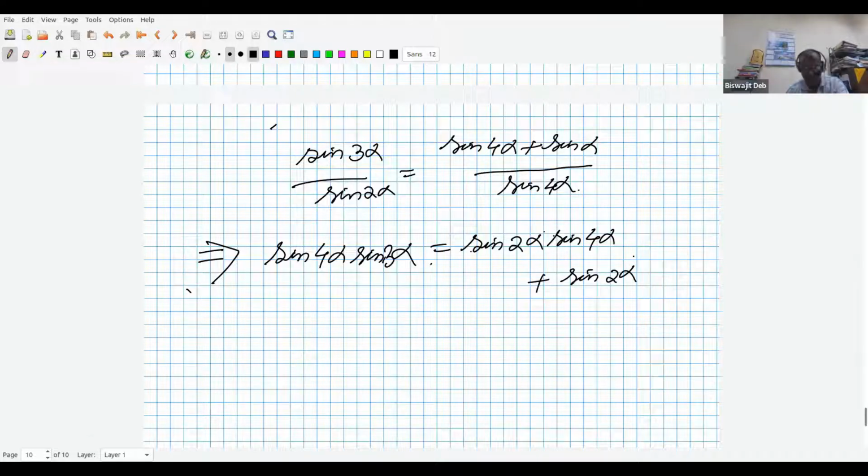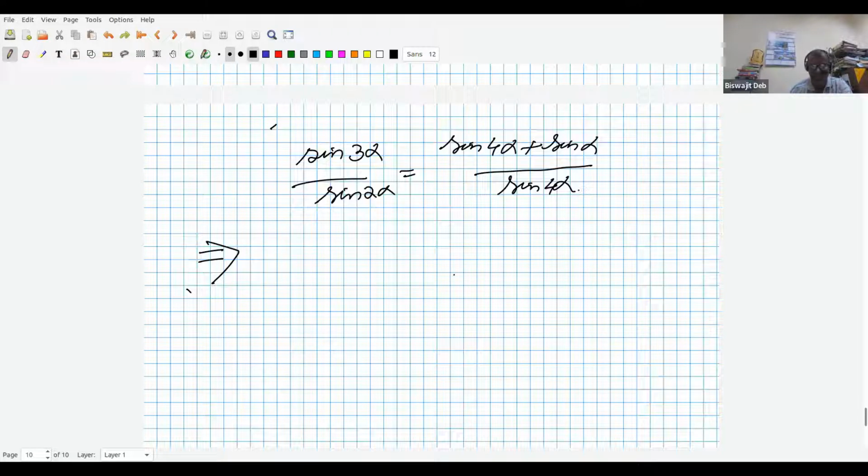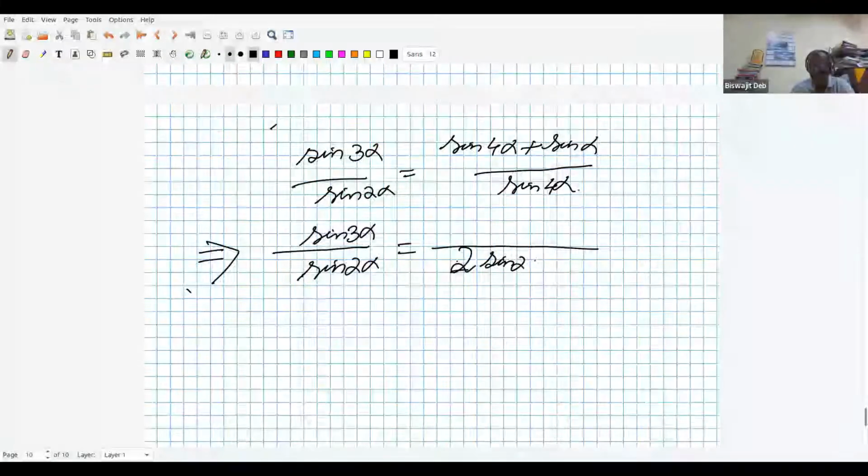I can make one quick change and make it simple. Sine 3 alpha by sine 2 alpha, and this is equal to, as you know, sine B plus C is sine B cos C plus cos B sine C. So in that way, sine 4 alpha, which is 2 alpha plus 2 alpha, I can write as 2 sine 2 alpha cos 2 alpha.